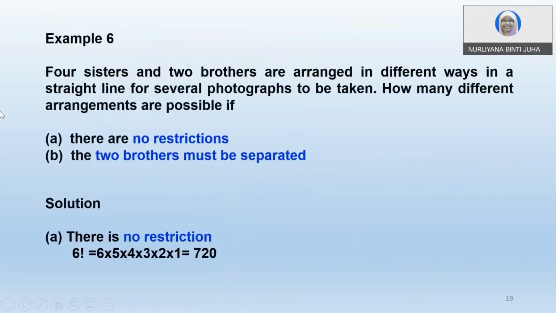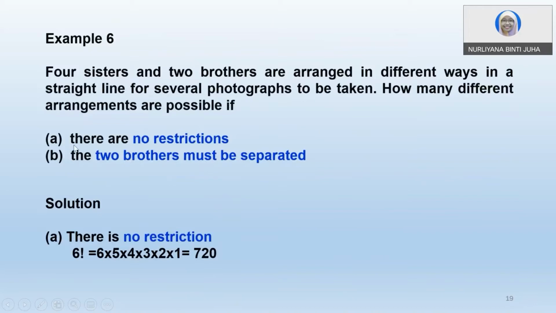Okay, and example 6. 4 sisters and 2 brothers are arranged in different ways in a straight line for several photographs to be taken. How many different arrangements are possible if A, there are no restrictions, B, the 2 brothers must be separated. Okay, let's see.